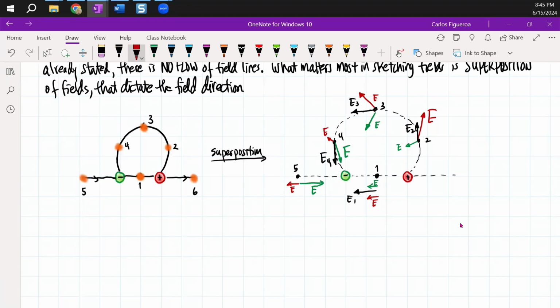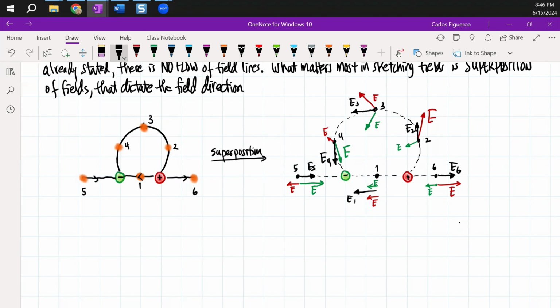So that gives a field in this direction, E5. At point 6, it's closer to the red, so I'm seeing a larger red field and a smaller green field, so the net field goes about like that. I can get all of these directions. I'd have to adjust the lengths, but I'm doing this by hand. But that's superposition.